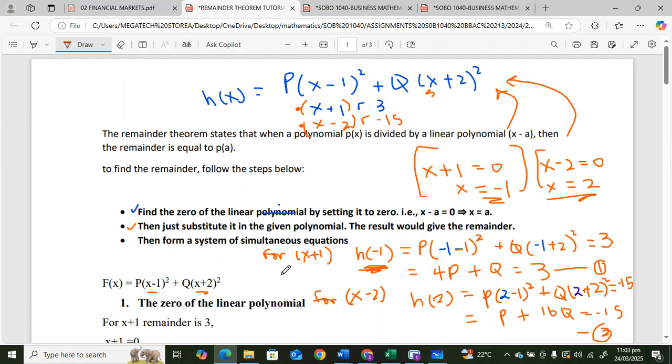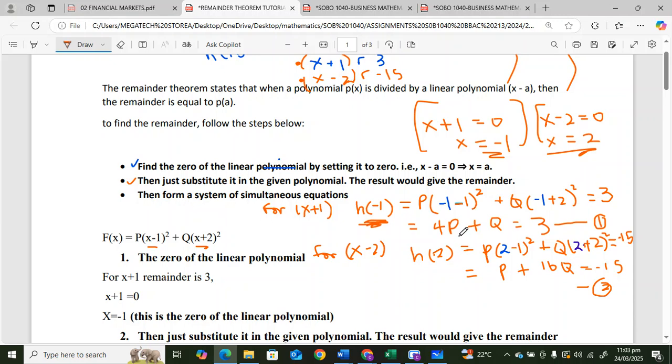Let me write them down here. No, no, sir, no. 3Q.